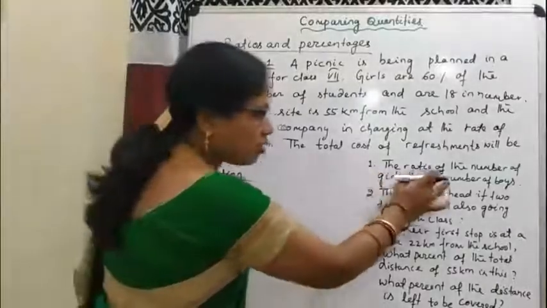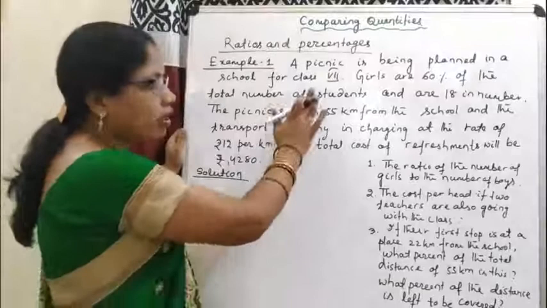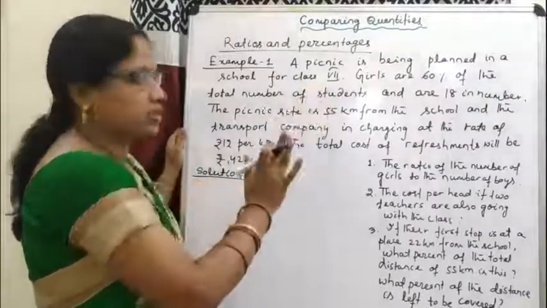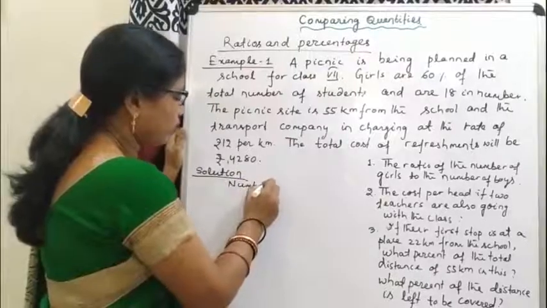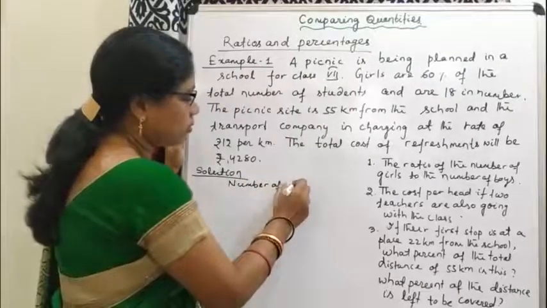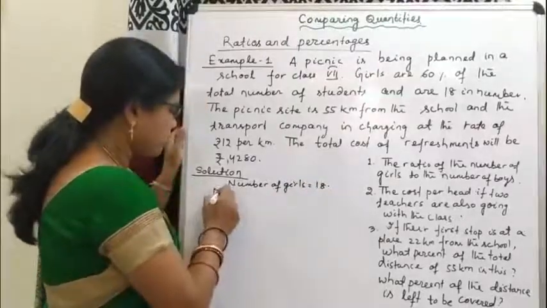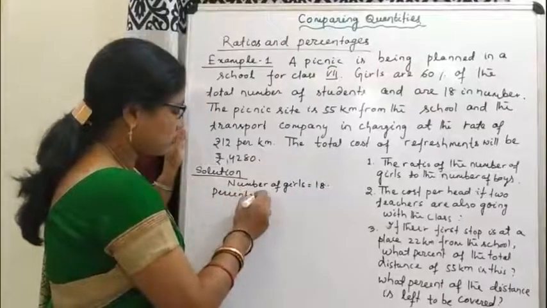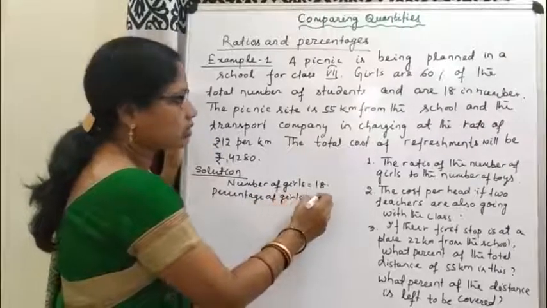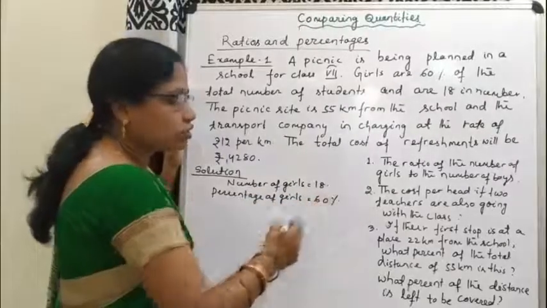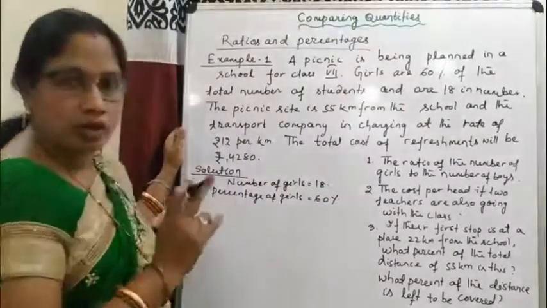The ratio of the number of girls to the number of boys. Here only the number of girls is present. That number of girls is 18. But percentage of girls is 60%. So we can find the number of boys in 2 ways.